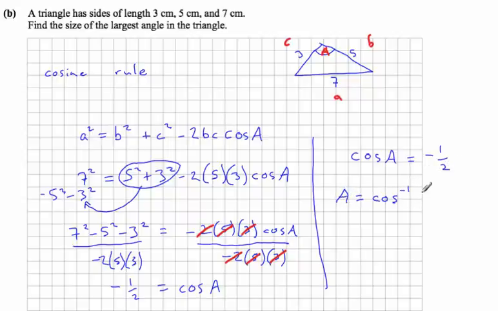Press the shift cos button on your calculator, the inverse cos of the fraction, minus a half. And when we put that in our calculator, we get 120 degrees. And that's the end of question number 2.